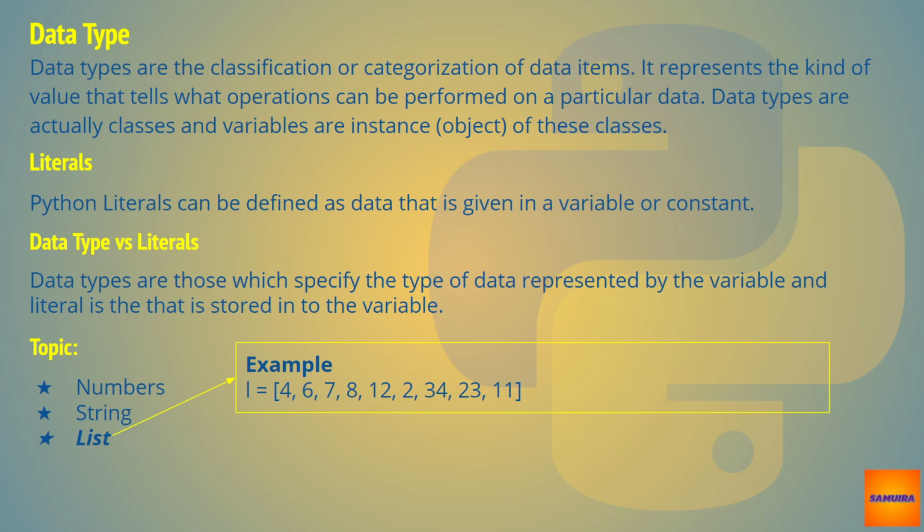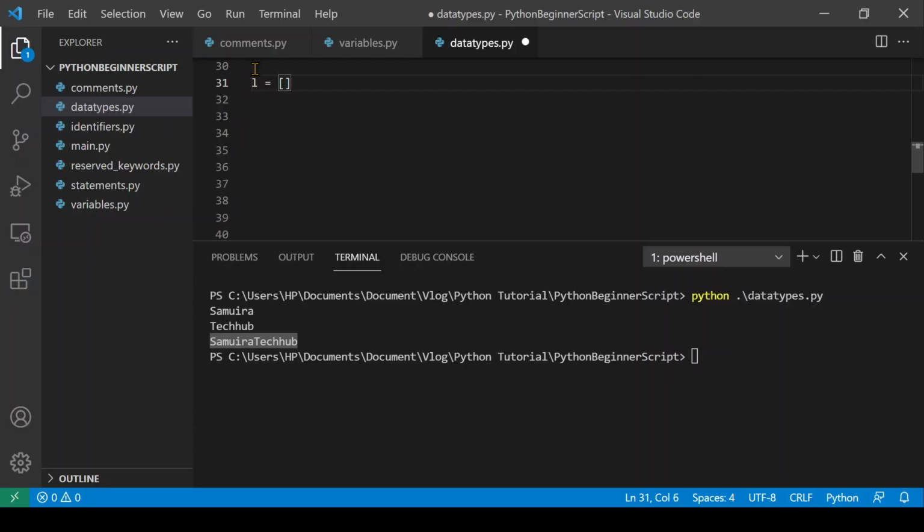A list is an ordered and mutable Python container. To create a list, the elements are placed inside square brackets separated by commas. You can store elements of different data types. Now write l equal to square brackets of any elements you want and print l and type of l.